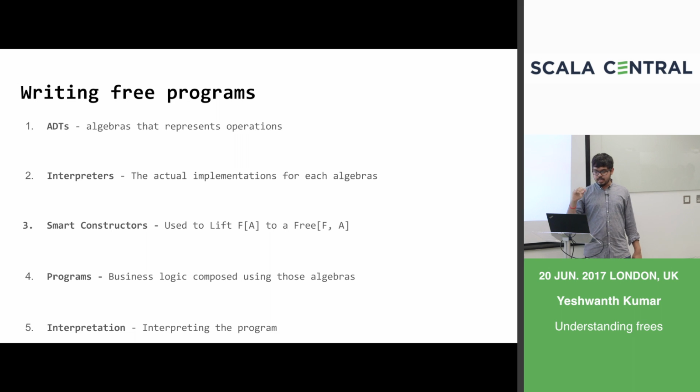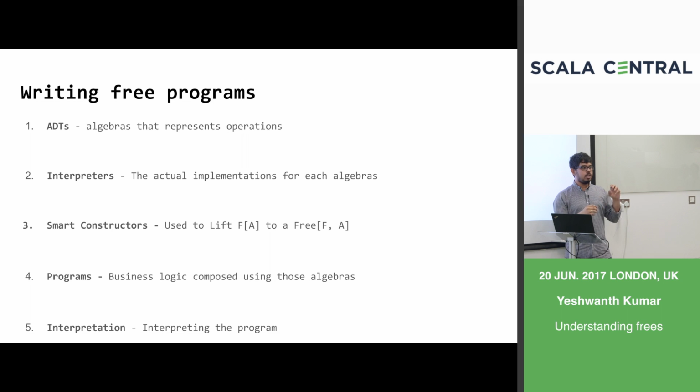If you notice, until here, whatever we've defined is pure. Your case classes are pure, smart constructors are just helpers, and the program is still pure. And interpretation is where you take your program, which is basically a bunch of free, give it your interpreter, and actually perform the side effect.